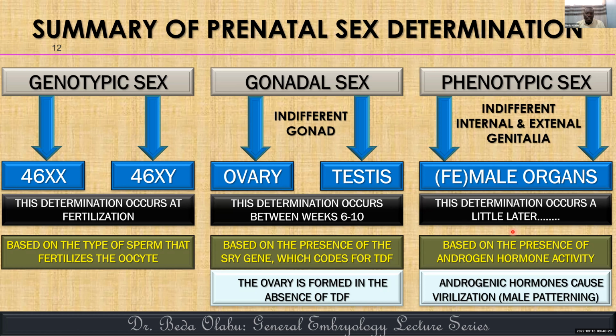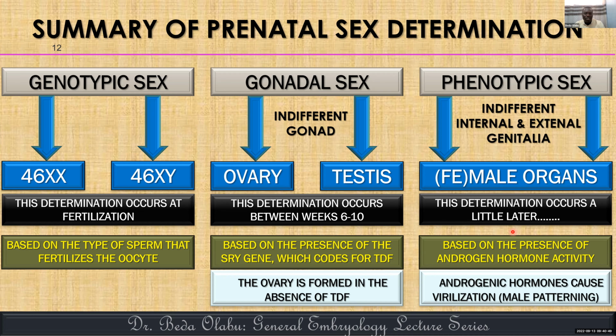So with that explanation, you now understand why in the previous question, if somebody has Klinefelter syndrome, XXY, they'll be anatomically male. They'll not be anatomically female. They are not hermaphrodites. They are anatomically male.